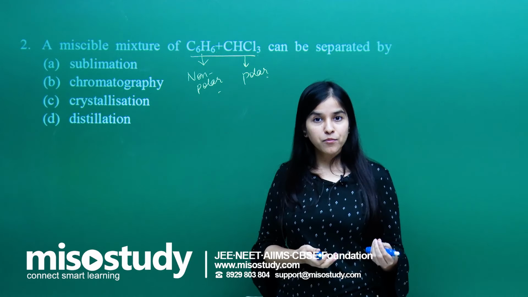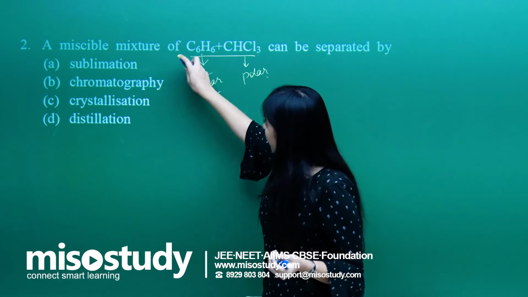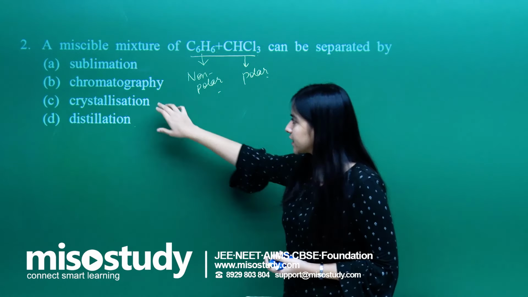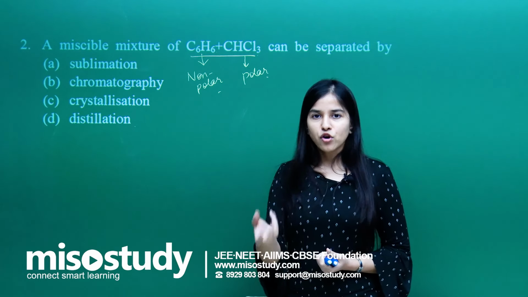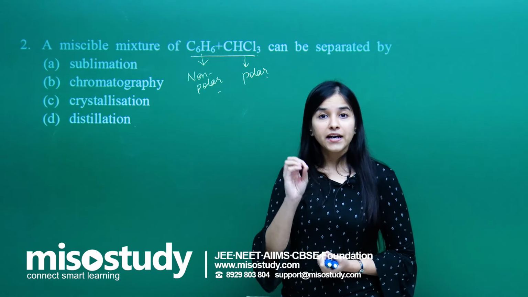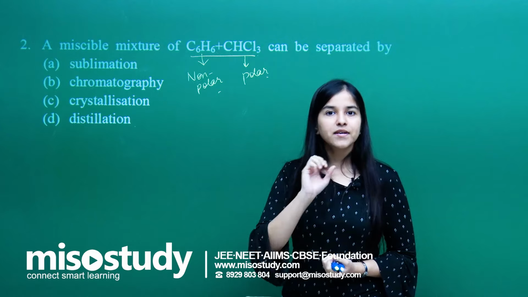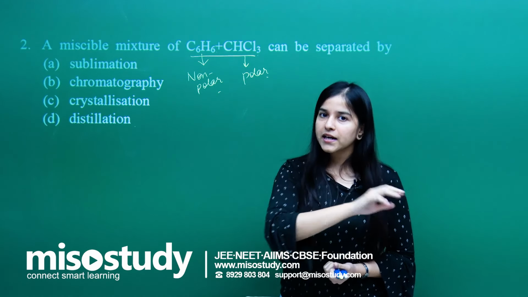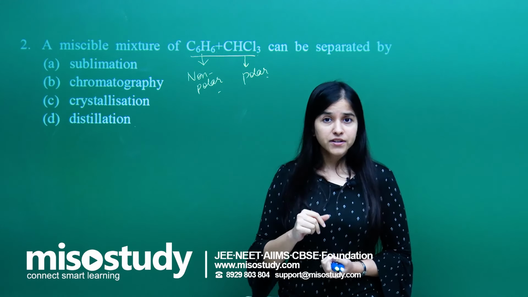So how can that be possible? And now comes the distillation, and I would also like to tell you a point in crystallization: if I have only a liquid and I heat it with some kind of solvent and then cool it down, again I will be getting the liquid and not the crystals.